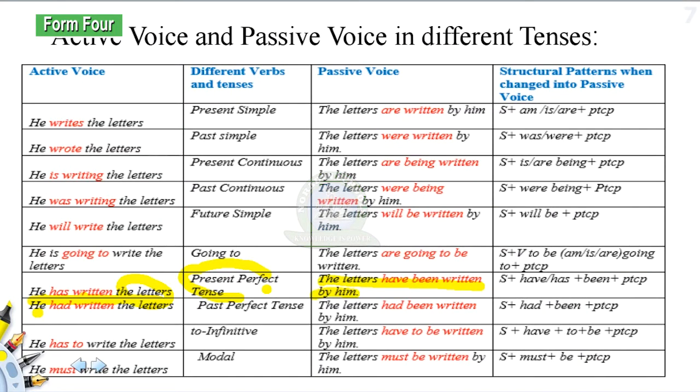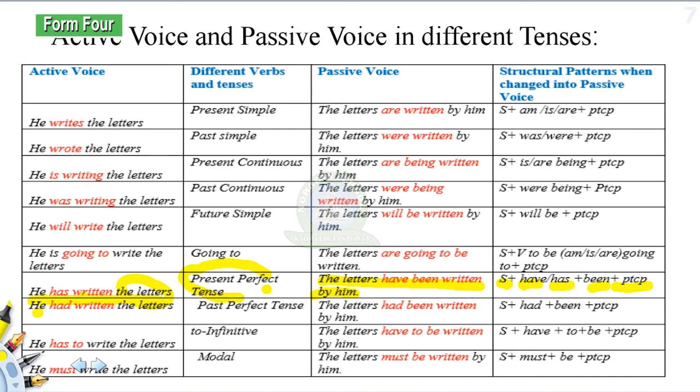When you are going to use passive voice in present perfect tense, remember: the original object, have or has, been, and the verb past participle. This is the formula you use for present perfect tense in passive voice.